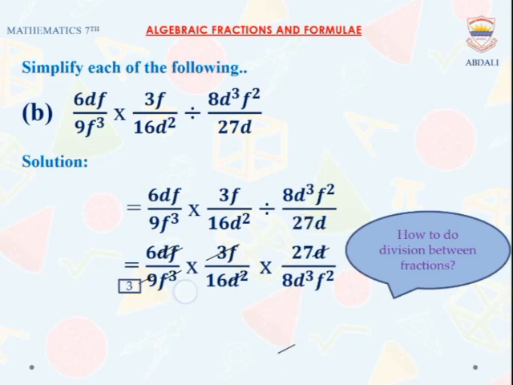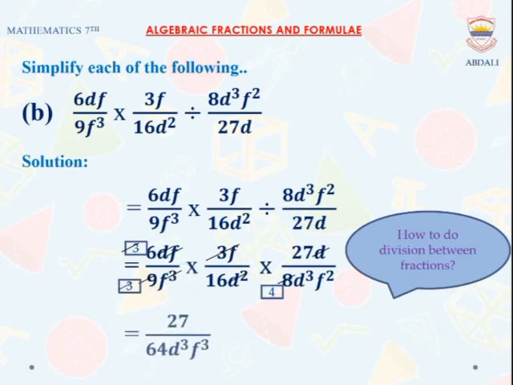And also 6 and 8 will be cut on the table of 2, as we know 2 threes are 6 and 2 fours are 8. So now we can see that we have a similar 3 in both numerator and denominator. We will also cut them, and after cutting values, what is left behind is your answer.